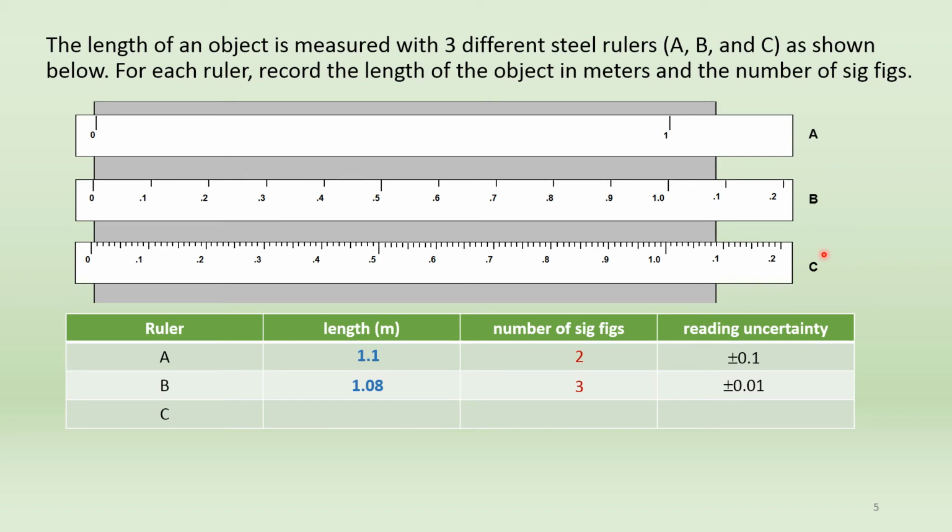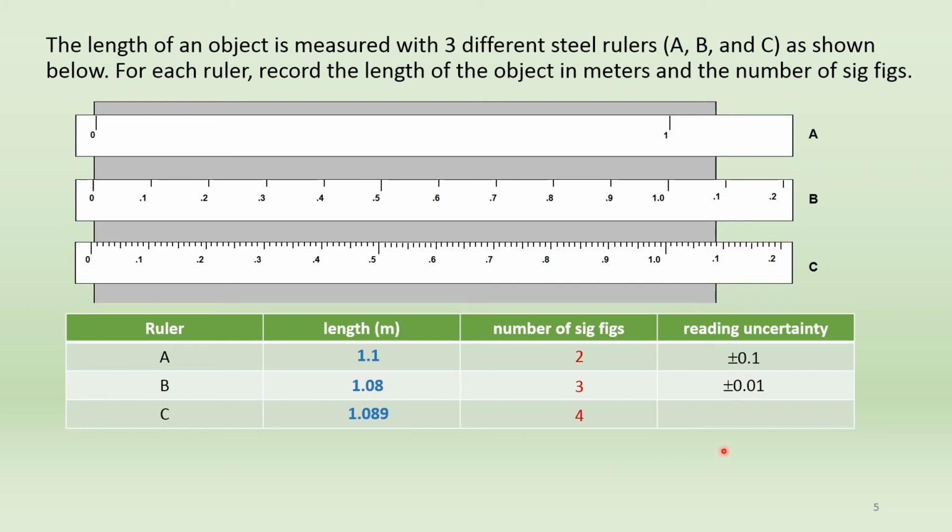Now, as we use better and better scales with higher precision, we can read values to higher precision. In case of scale C, you can read the length of the gray object to be 1.0, not quite 0.9, it's 0.8 something. So I'm going to estimate that's 1.089. Sig figs in that, 4, because we know the 1, the 0, and the 8 are here for sure, and the 9 is my first estimate, but it is significant.